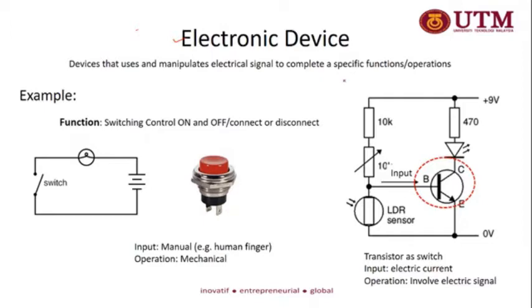The function of the amplifier is to make the signal bigger, or we call it to amplify the signal. So it should have a specific function. The device should have a specific function and operation, and how it achieves the dedicated function or operation is by manipulating electric signal. That's why we call it an electronic device. So we manipulate electric signal or electrons inside the device.